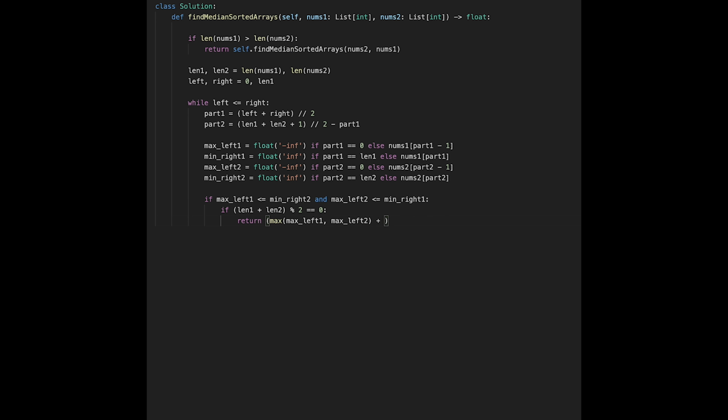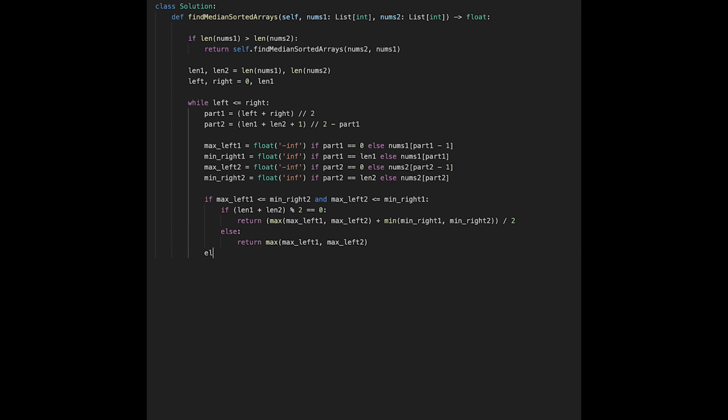plus the minimum right 1 versus minimum right 2, and divide by 2. Else, this is an odd case, return the max of max left 1 versus max left 2.